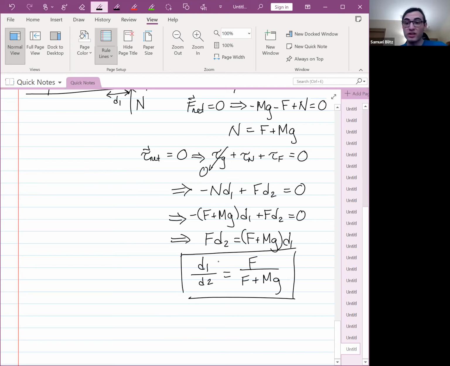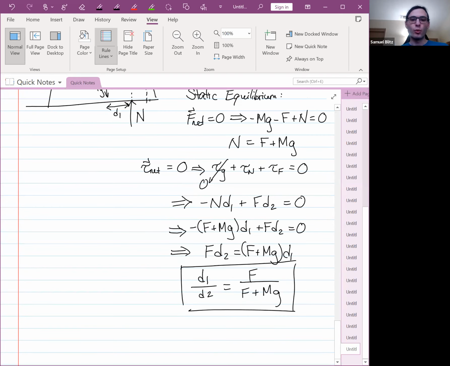So this is something that you guys can do. We can now figure out where the normal force has to be applied so that the net torque remains 0. That's important because now we can use that information about where the normal force is in order to solve various static equilibrium problems that involve normal forces.